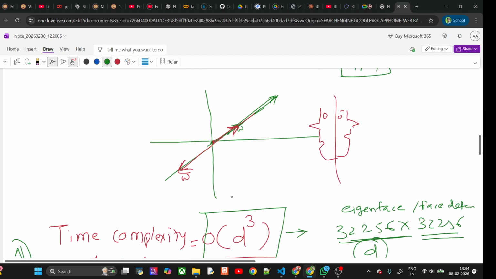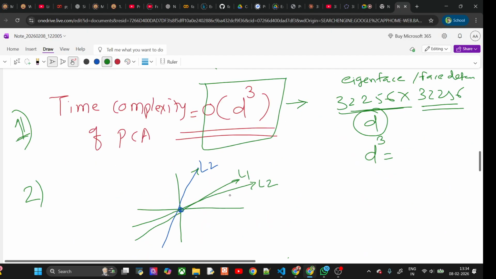So these two main issues in PCA are: first, if the dimension d is much greater than n, meaning your dimensions are greater than your number of input images.